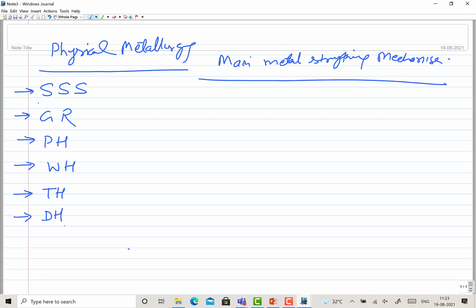Okay, so these are like 5-6 mechanisms which are primarily used for designing most of the alloys as well as the composite materials. And when metals which are strengthened by different mechanisms are subjected to solid state joining, their responses will be different.